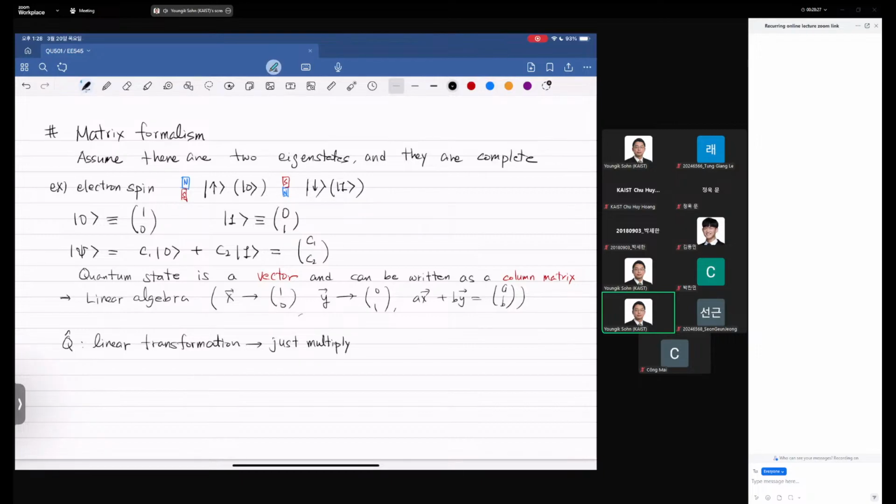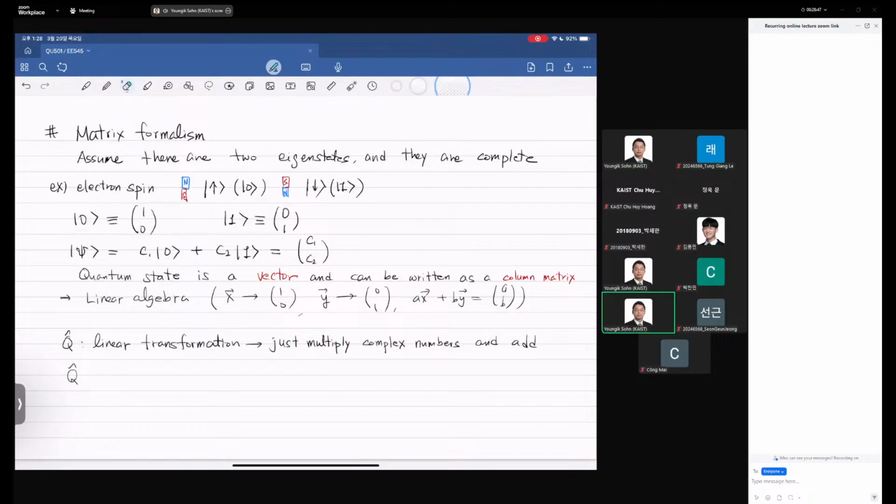and in quantum mechanics you're allowed to multiply by complex numbers. You can have phase information. You can multiply with complex numbers and add them up. That's linear transformation. So I'll give you an example of how that works.